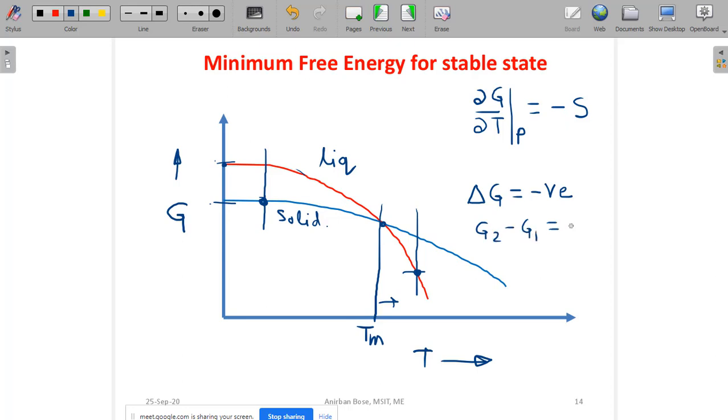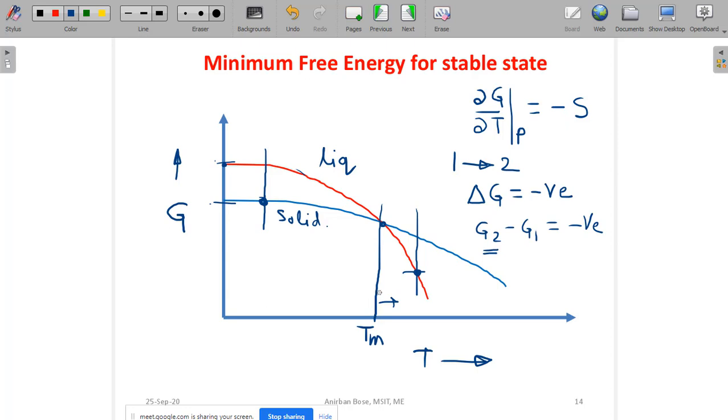So this is negative. That means the process will always go in a direction where its free energy is less. So G2 is definitely less than G1 if the process is taking place from 1 to 2.